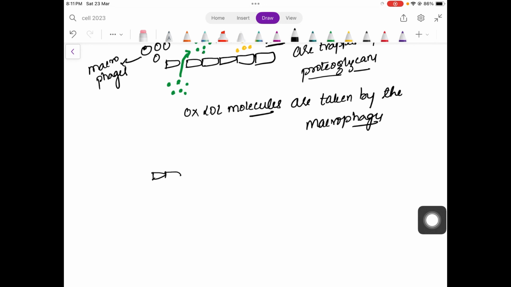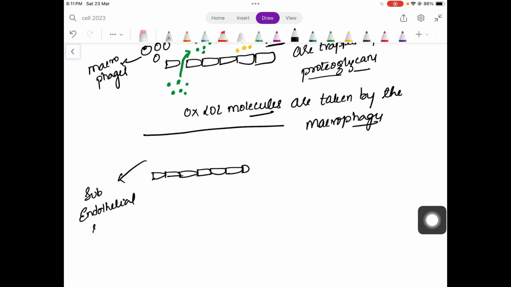So this is the endothelium. This is the subendothelial space. And here macrophages are present. These are the macrophages. And here we have oxidized LDL molecules.